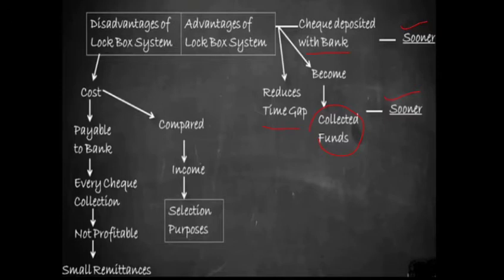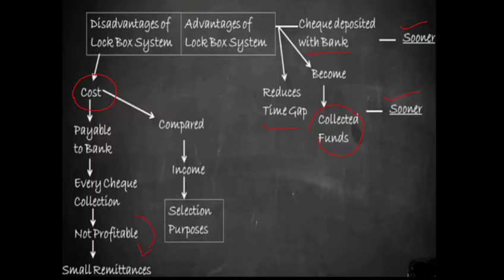Whereas the disadvantage is the cost involved in the lockbox system, which is payable to the bank, is basically high. Why? Because cost is incurred on every check that is collected, and sometimes it is not profitable because of too many small remittances.